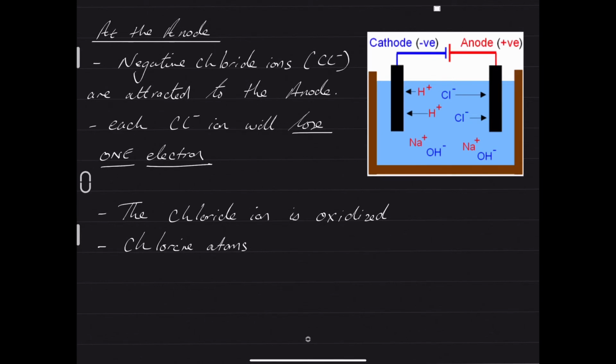The chlorine atoms bond together to form a Cl2 molecule, and this is a gas as well. This is in a gaseous state. Chlorine, Cl2, in a diatomic state exists as a gas.